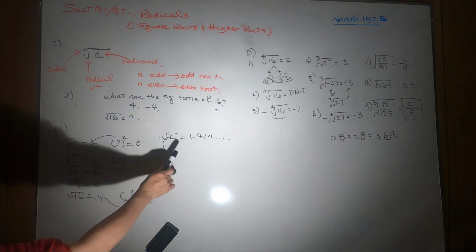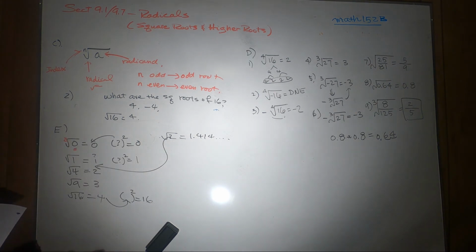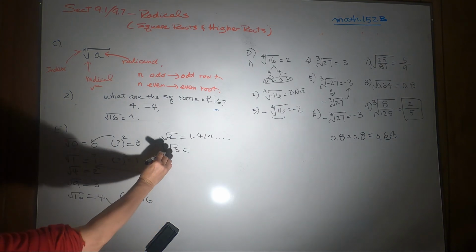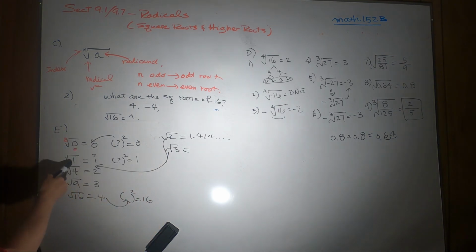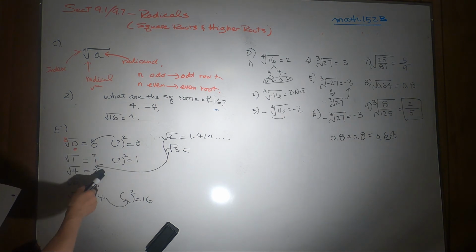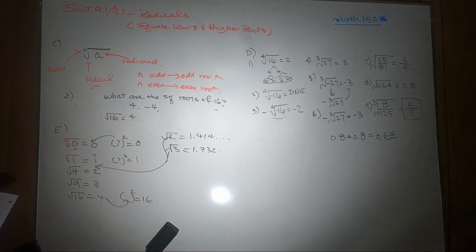So your result should be between 1 and 2. 1.414 something. If your square root of 3, 3 is still between 1 and 4, so the result is between 1 and 2. Make sure you get it.